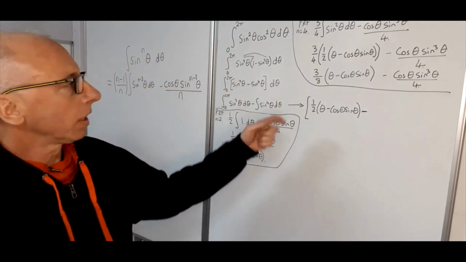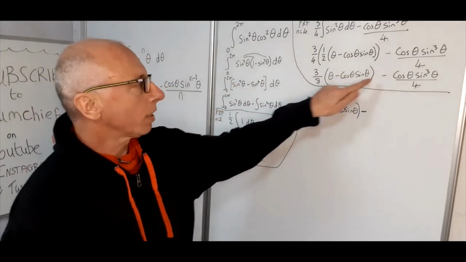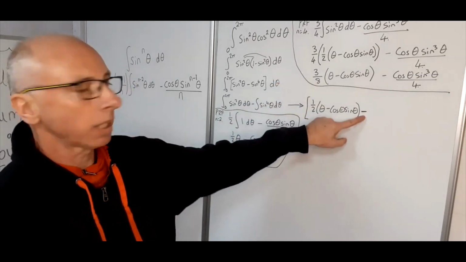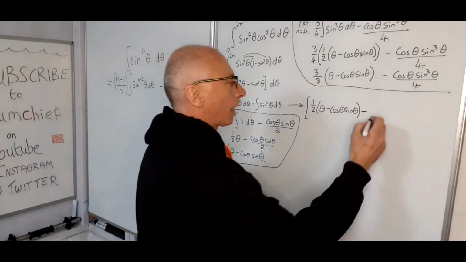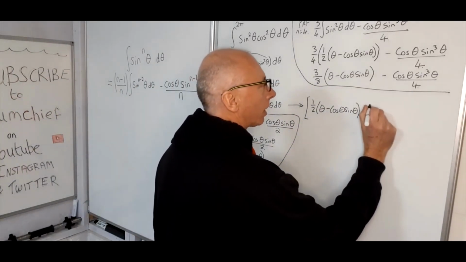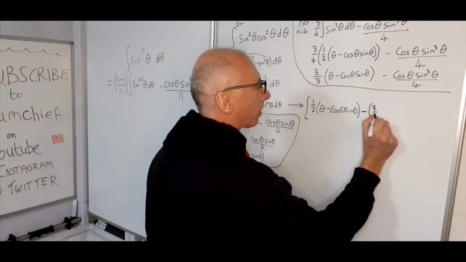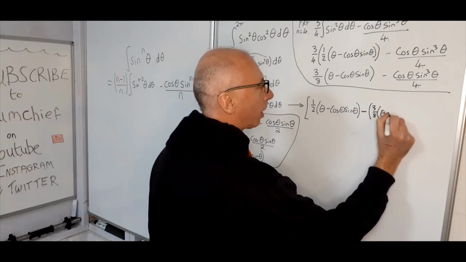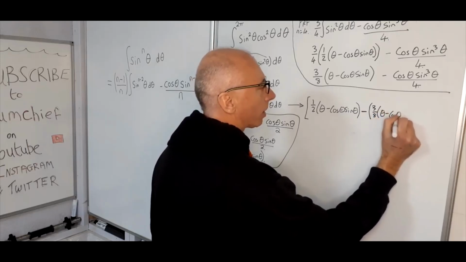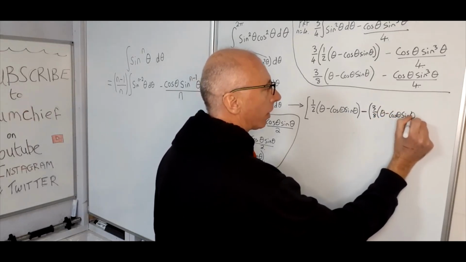Now, I need to bracket this up here because we've got some minus signs and positive signs, so we need to be careful when we do the calculation. So I'm going to start bracketed again, and then we're going to have 3/8 theta minus cosine theta sine theta.